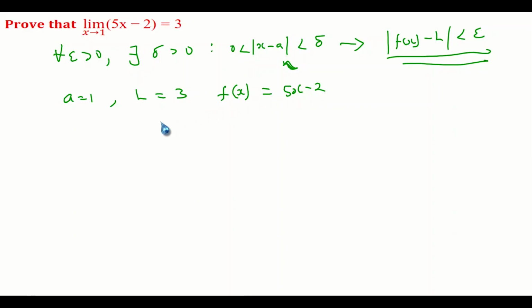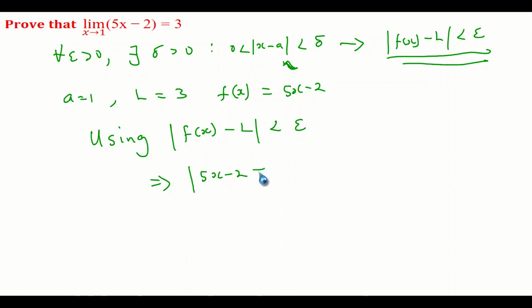If you start from here, the absolute value of f of x minus L is less than epsilon, then that implies f of x, which is 5x minus 2, minus L, that is 3, must be less than epsilon.